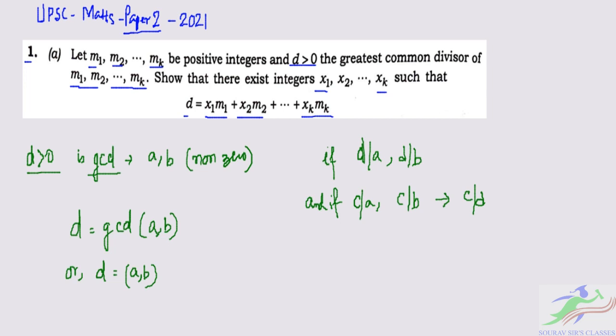S is equal to the set of all au plus bv, where u and v are integers, and au plus bv is greater than 0.